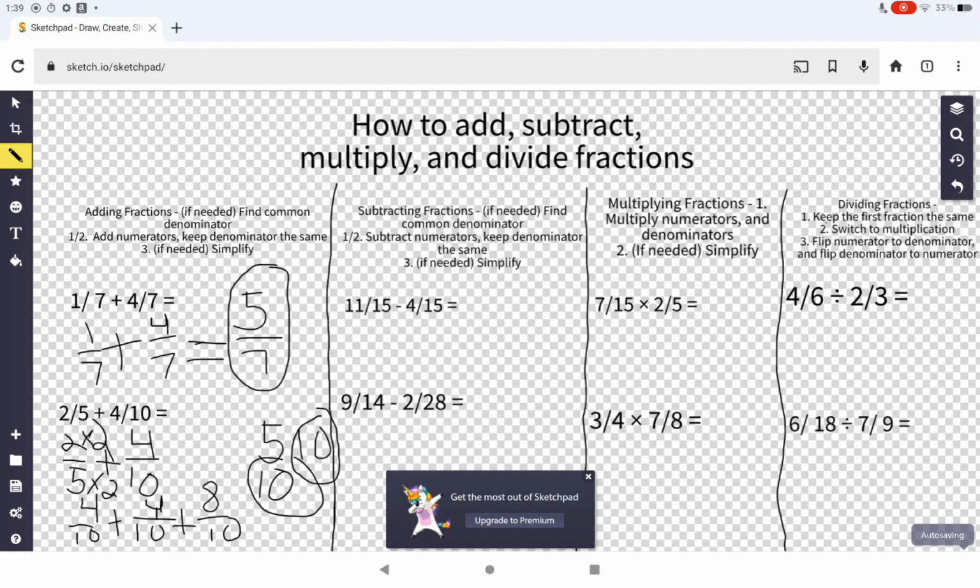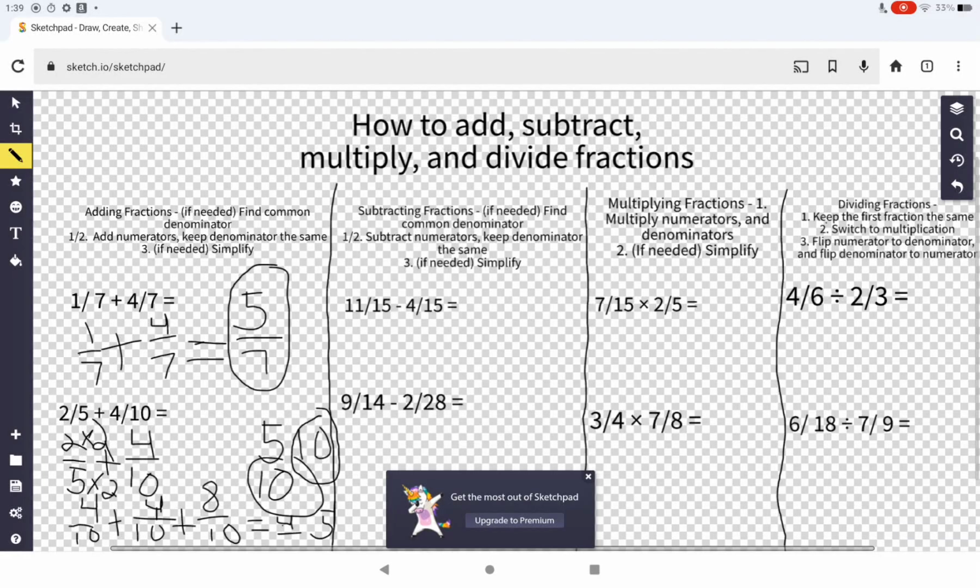Next we have to see if we can simplify it. Are there any common factors of 8 and 10? Yes, there is 2. So we divide both by 2. 8 divided by 2 is 4, and 10 divided by 2 is 5.